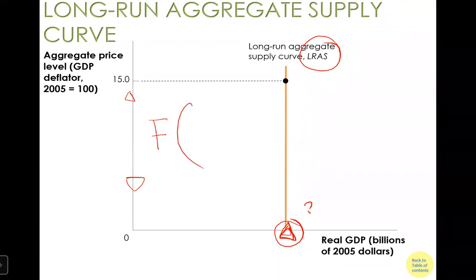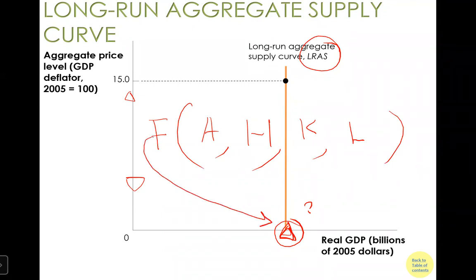This includes technology, human capital, and physical capital. At some point, you may also want to include land and other resources. And this equation will determine where we are.